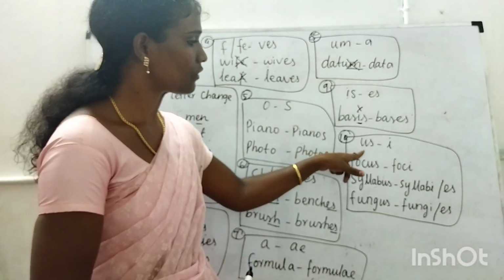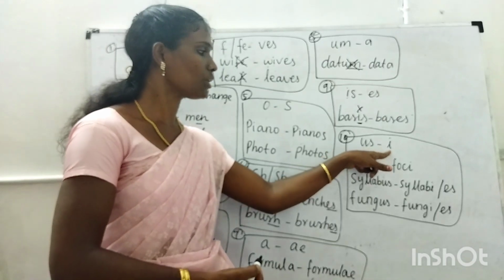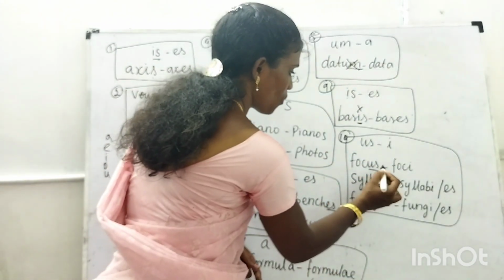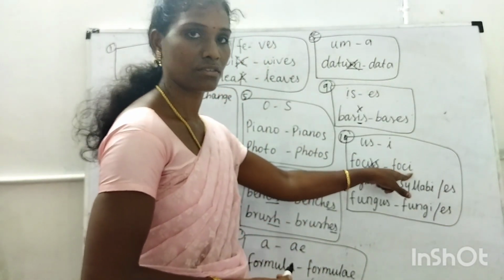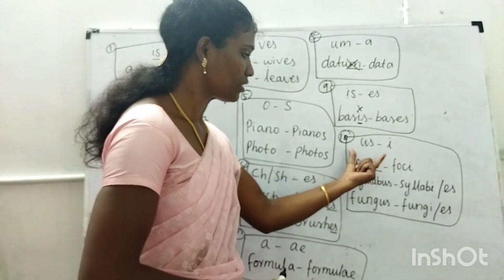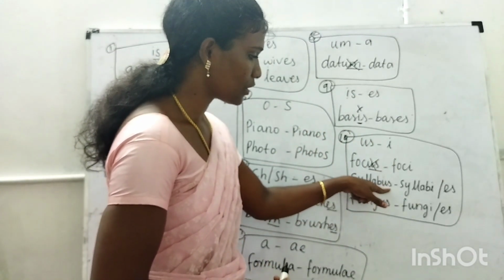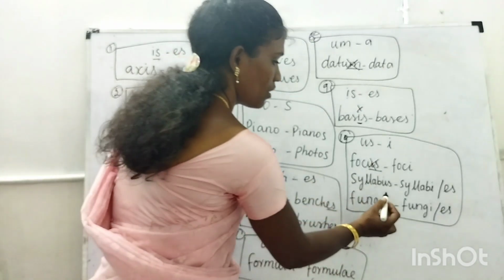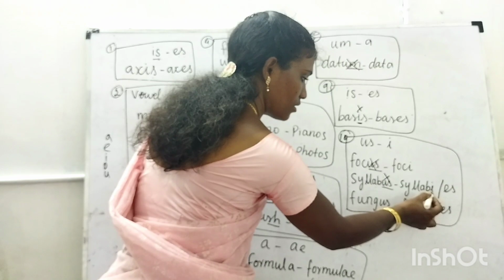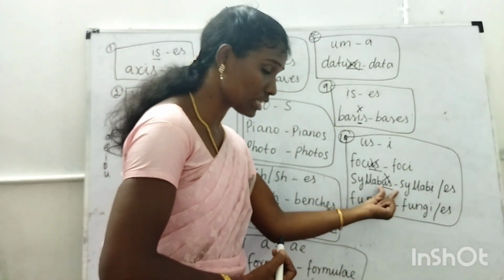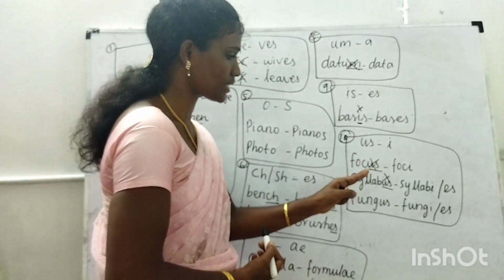Next, tip 10. If the word finishes with us, us will be removed and i is added. Focus, us removed, foci, i is added. This is type one. And type 2, syllabus. You can remove this us and add i, or else with this us you can add es. So two types are there.